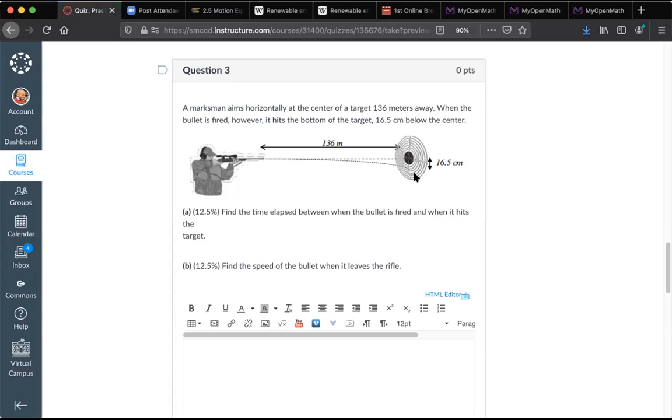Okay, so in part A we're going to find the time it takes to hit the target, and then for part B, we're going to find the initial speed of the bullet as it launches out of the rifle. So let's see what that entails.